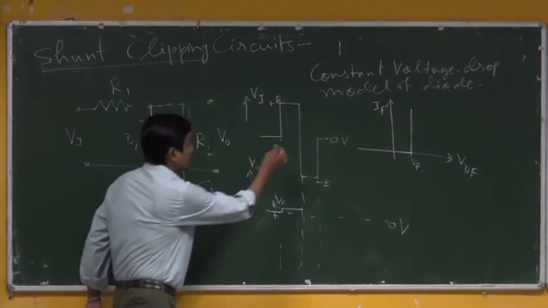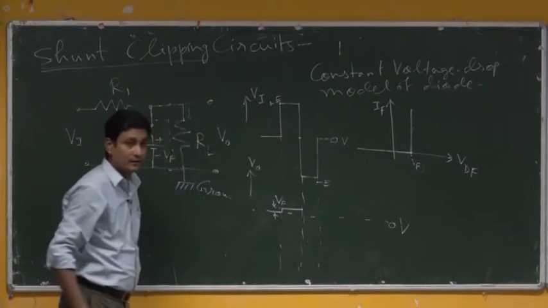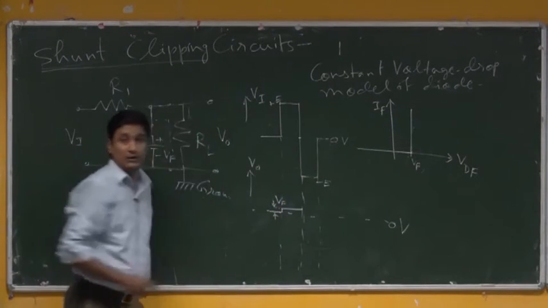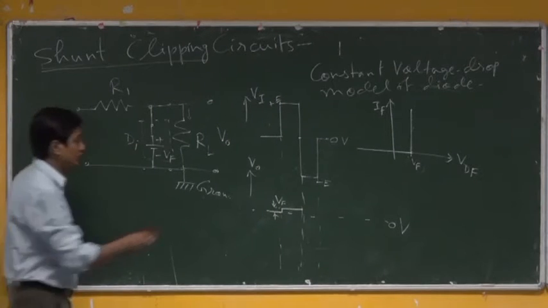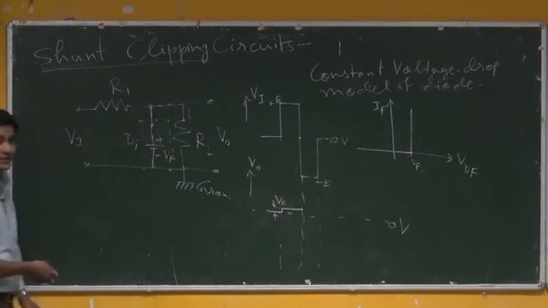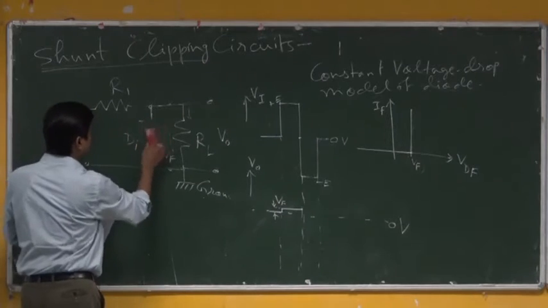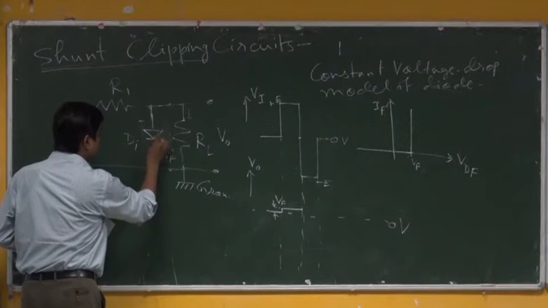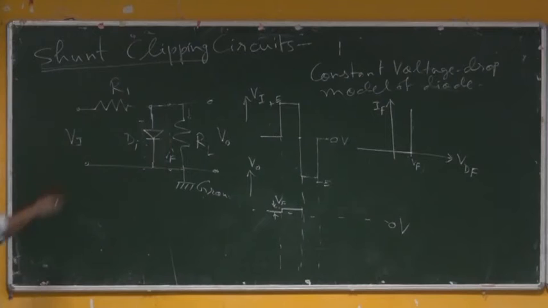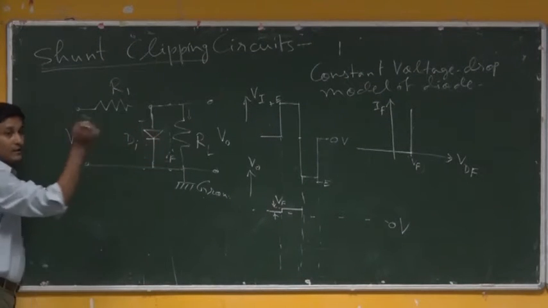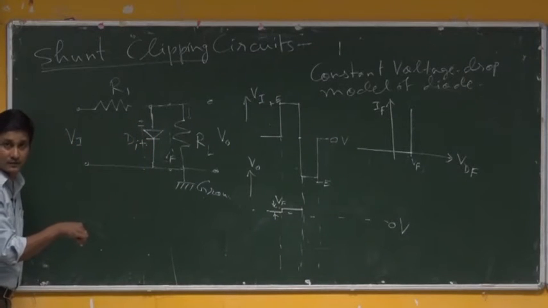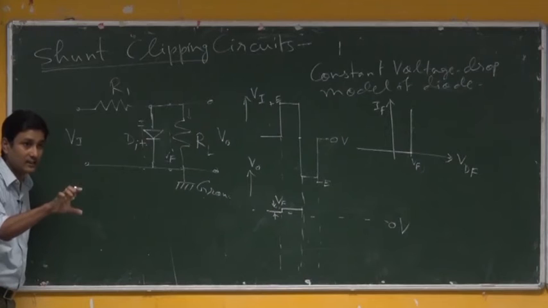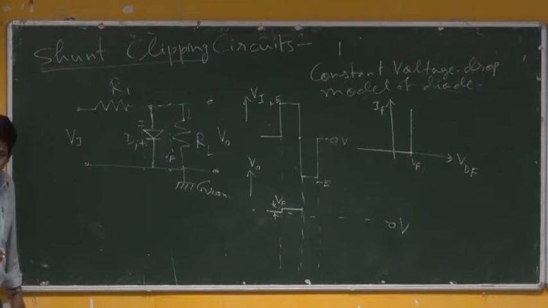Now, the time I reach this point, suddenly the wave shape at the input goes to negative E volt. The time I reach this voltage, what happens to the circuitry? Where the diode was kept earlier here in this fashion, now it has got one negative volt E. That means here minus, here plus, amplitude is E, but the polarity has got changed there.